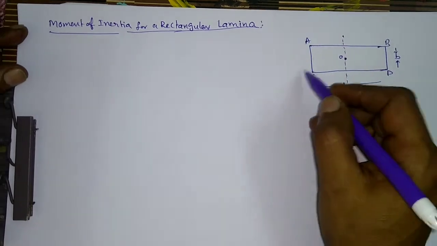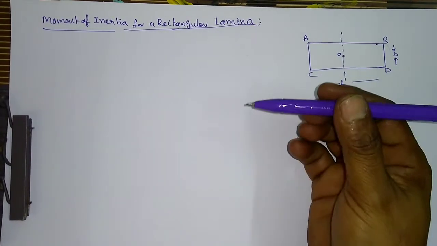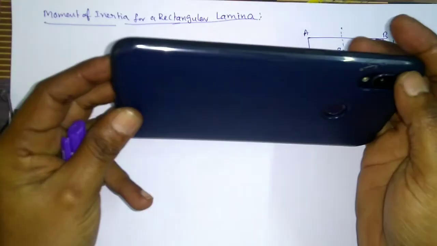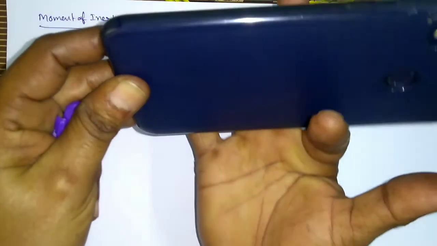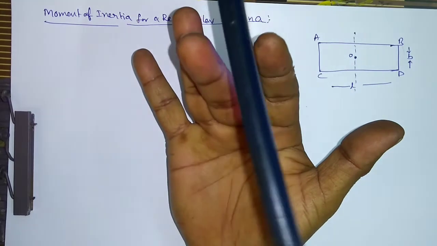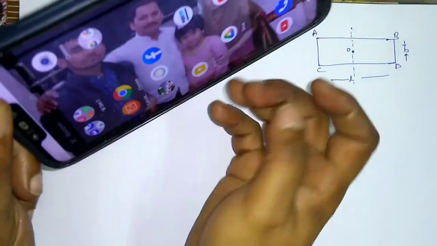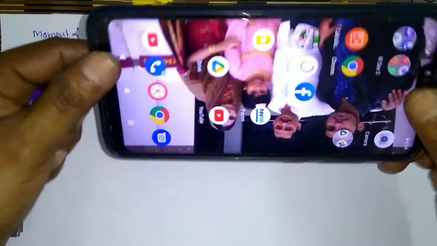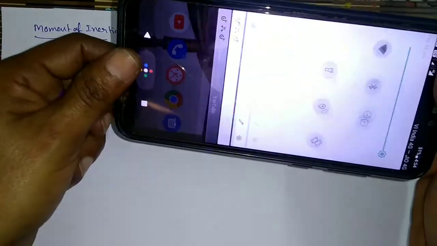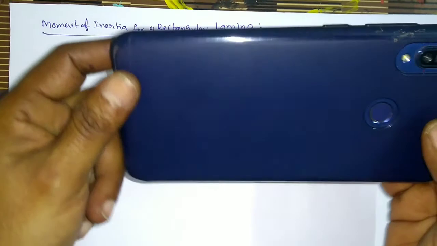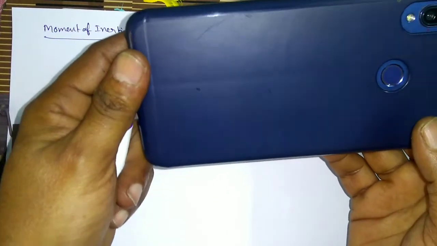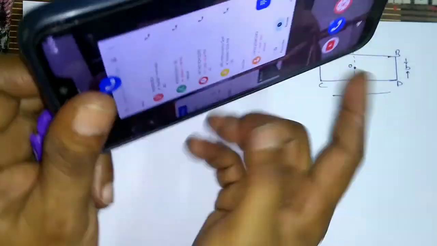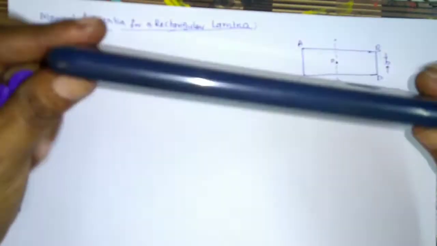From the central axis it can rotate in many ways, and initially I am explaining rotation about this central axis.